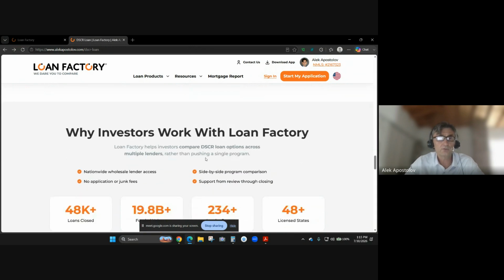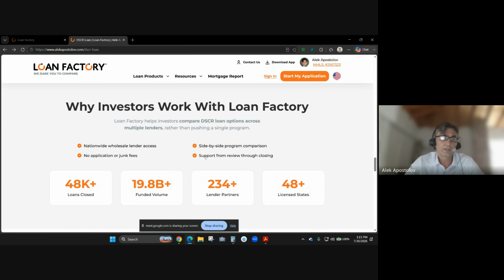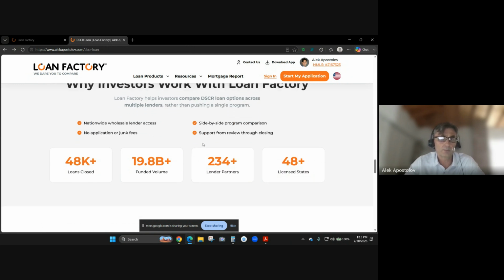Now, why do investors work with Loan Factory? We are a broker. We have closed over 48,000 loans, 19.8 billion in funded volume, and we do have about 234 lender partners that are wholesale lenders. Now, out of those, there are about 30 that specialize in investment properties only, specifically DSCR.